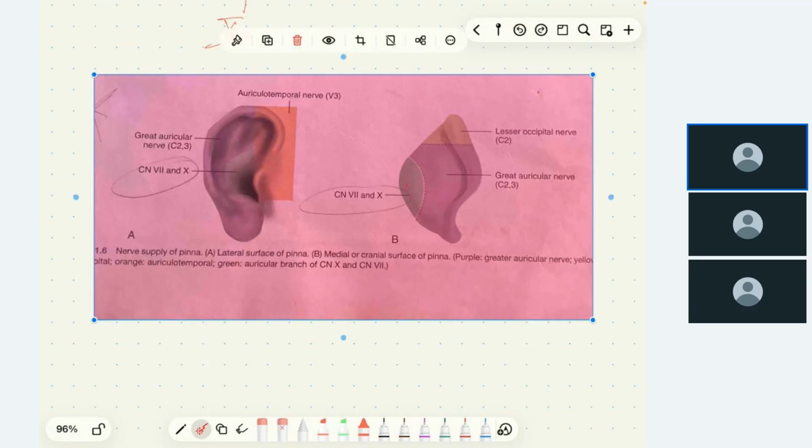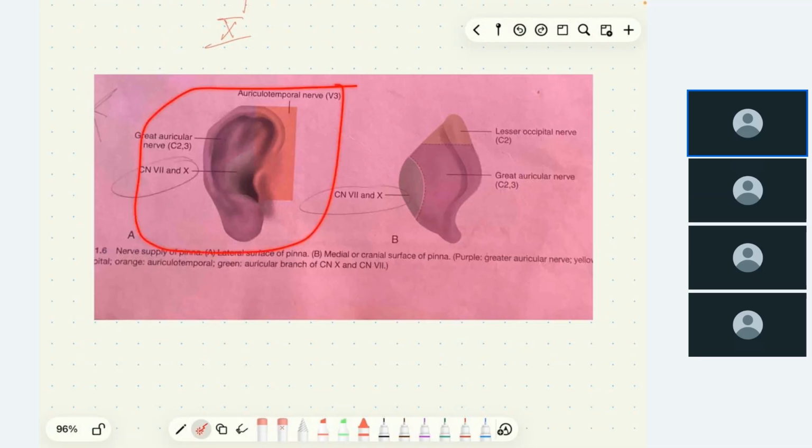Let me clarify this once more. For the nerve supply of the pinna, we have the lateral surface and the medial surface. In the lateral surface, the anterior part is supplied by the auriculotemporal nerve, V3, a branch of the trigeminal nerve. The posterior aspect is supplied by the greater auricular nerve, C2, C3. The posterior superior part of the external auditory canal is supplied by the 7th and 10th nerves. The greater auricular nerve continues backwards to supply the anterior part of the medial surface of the pinna.